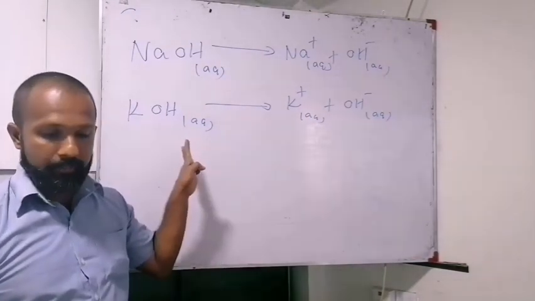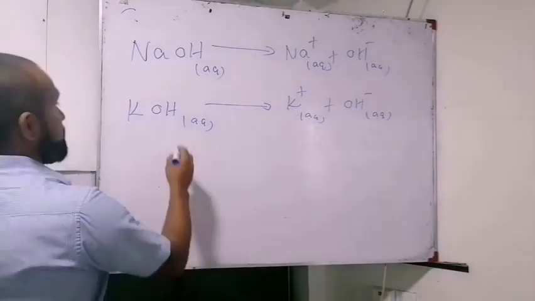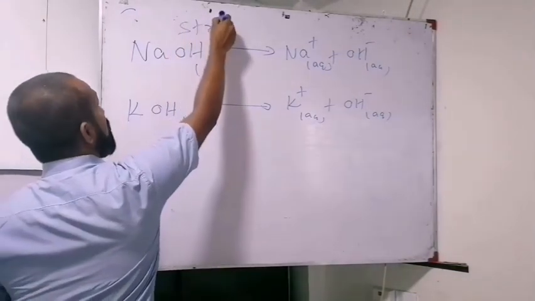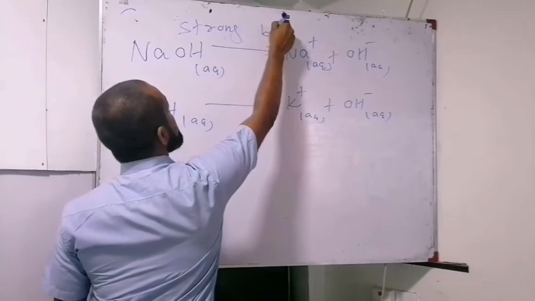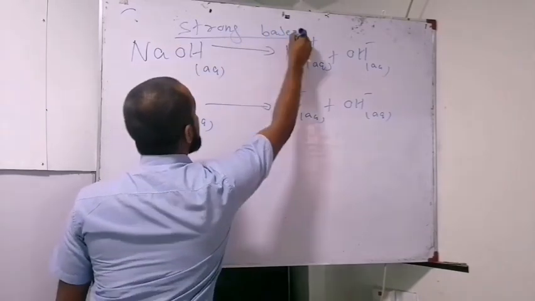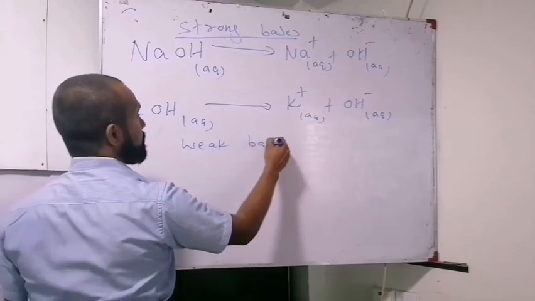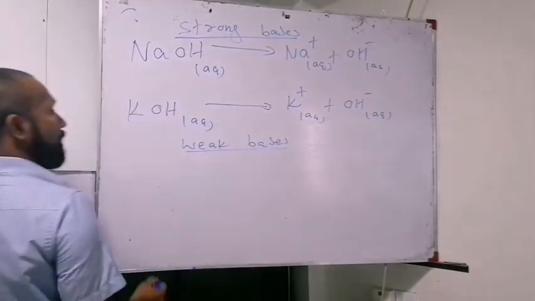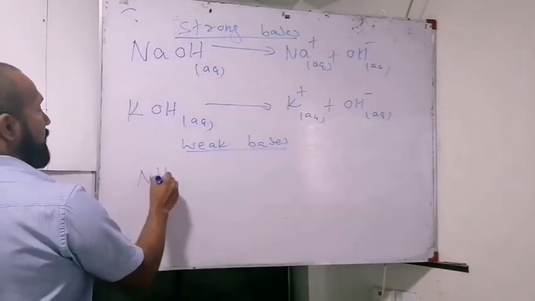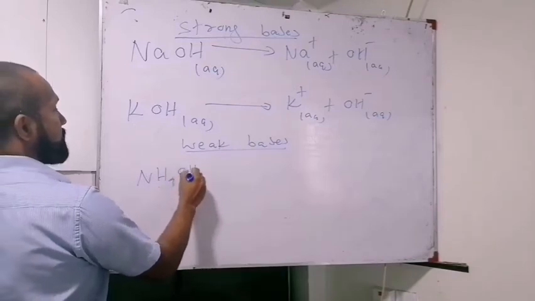Let's take some examples of weak bases. Those were strong bases. For weak bases we can take ammonium hydroxide, NH4OH.